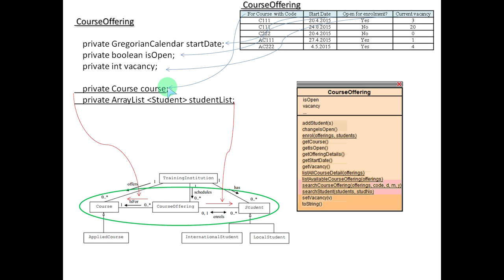So that means the course offering will have to have the course initialized first, right? And then the other access path here from the course offering to student uses an array list, because you can have many students subscribing to the course offering. So you need to have an array list here. And at the beginning there could be no student, that's fine. So this corresponds to the access path.